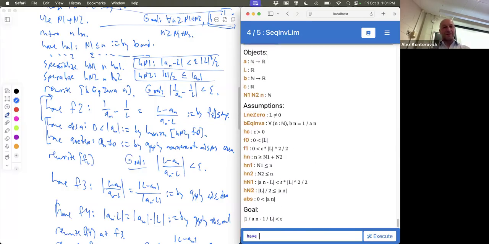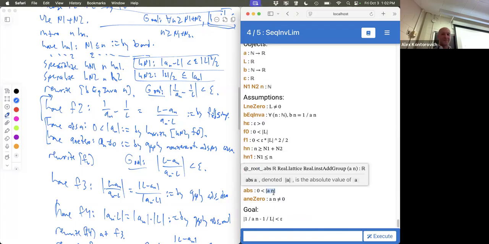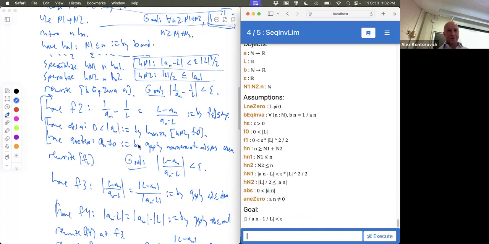And now let's have AN not equal to 0. That's by apply, this other theorem, non-zero of abs pos, and the abs pos is abs A. Oops, I meant to call that abs A, but too late. Okay, so now we know the non-zero-ness.